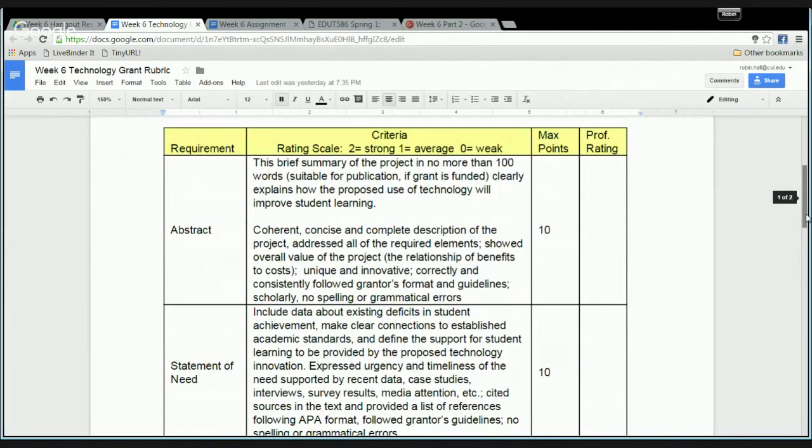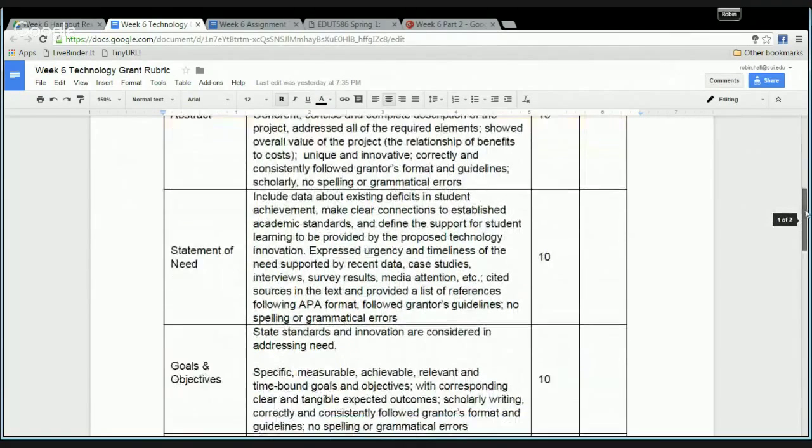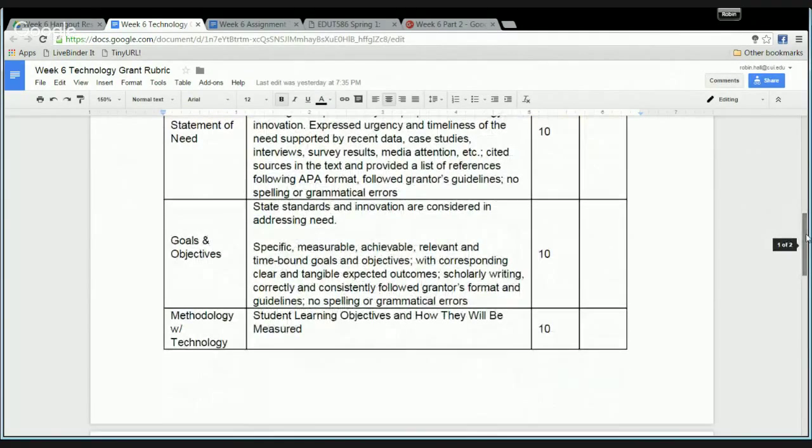There's an abstract required, a statement of need, and this is where you would use your data, the goals and objectives for the funding, as well as whatever it is that you are planning on purchasing with the funds. What are the goals and objectives of the purchase, right? And then what methodology are you going to use? This is where I was talking about most grantors wanting to know about measurable outcomes, and that's where this is in this particular grant.